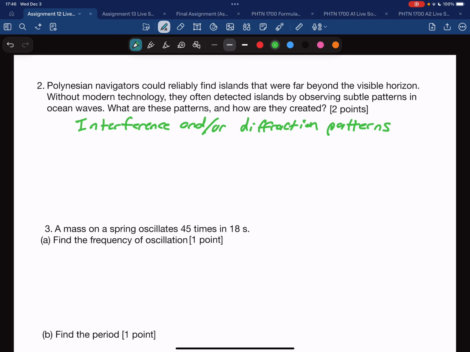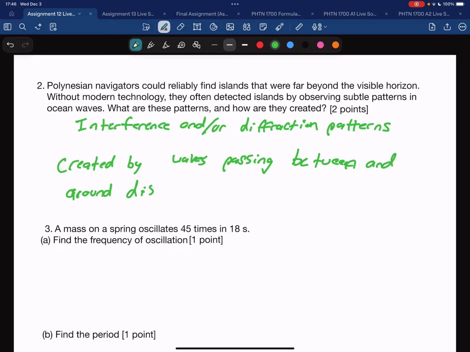The other one was for saying that they are created by waves passing between and around distant islands.